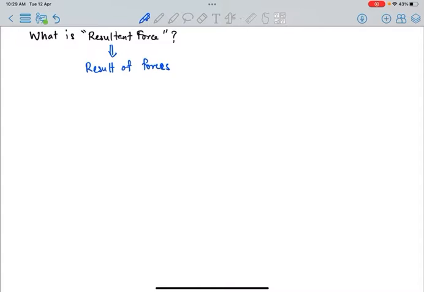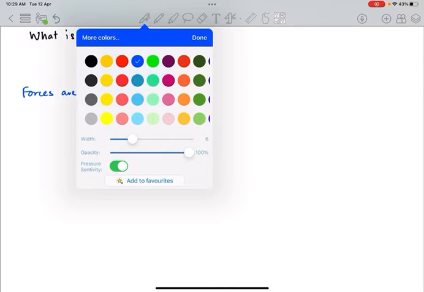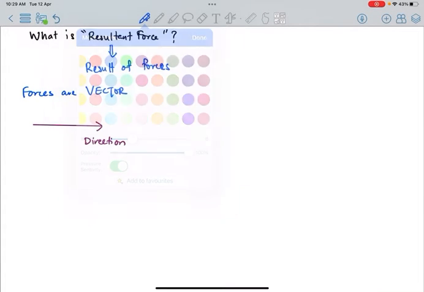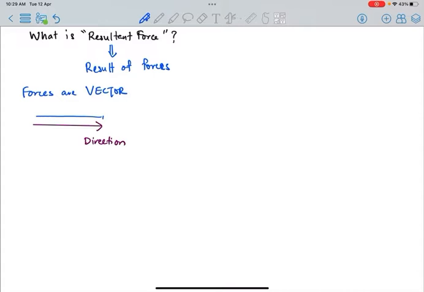We know that forces are all vectors, so we can always represent them as an arrow and a line, where the arrow shows the direction the force is acting, and the length of the line represents the magnitude of the force.